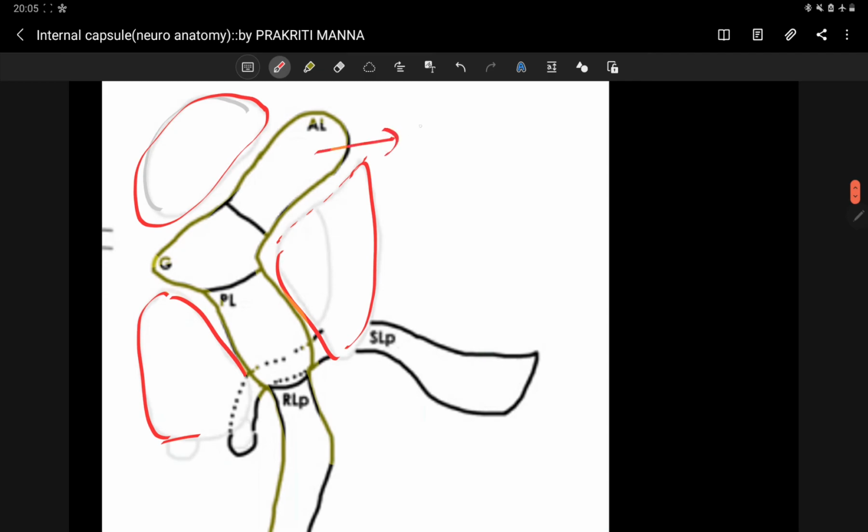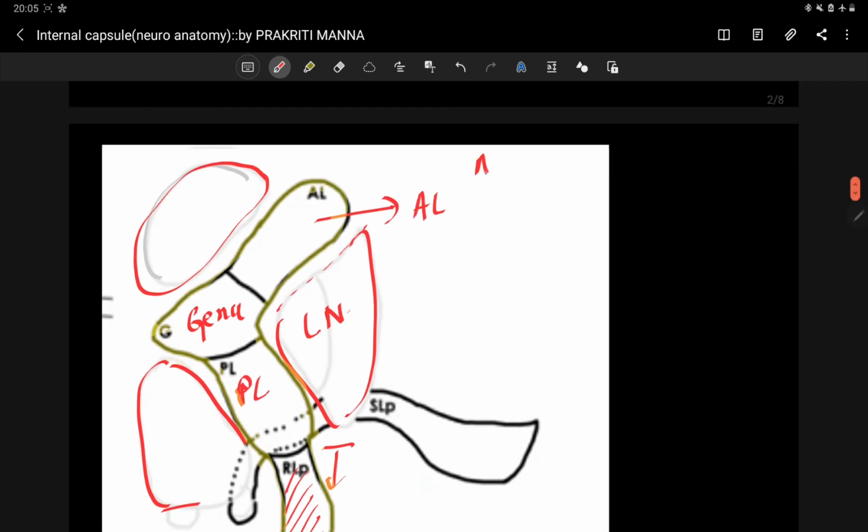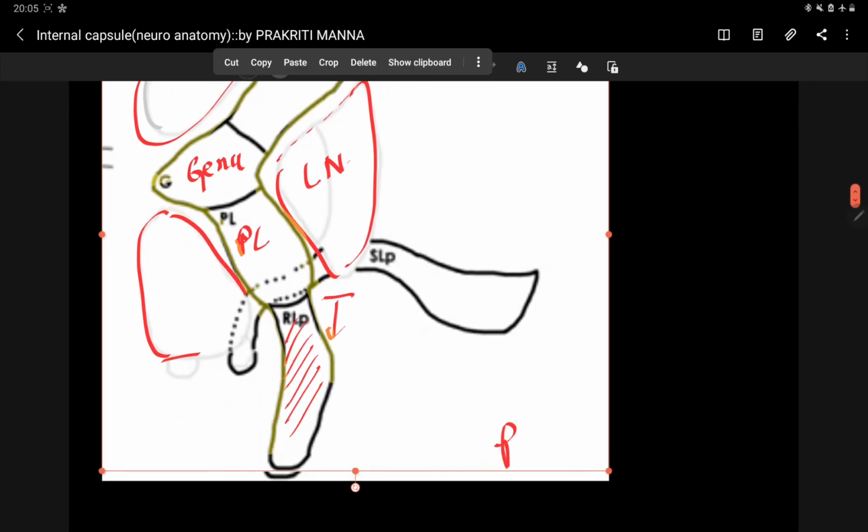So parts of the internal capsule. This is the anterior limb of the internal capsule. I am writing AL, anterior limb. This is the bend or genu of the internal capsule. This is the posterior limb of the internal capsule. And other two limbs. This portion is behind the lentiform nucleus, so this is anterior and this is posterior to the lentiform nucleus.